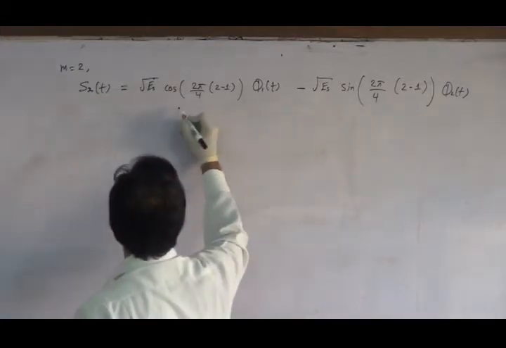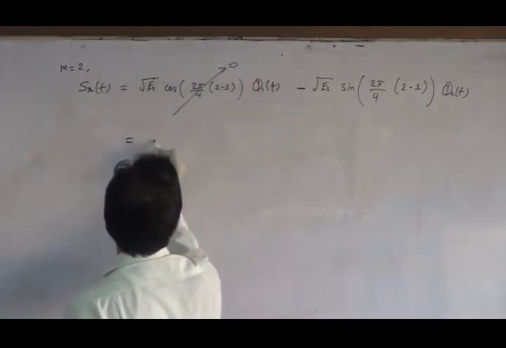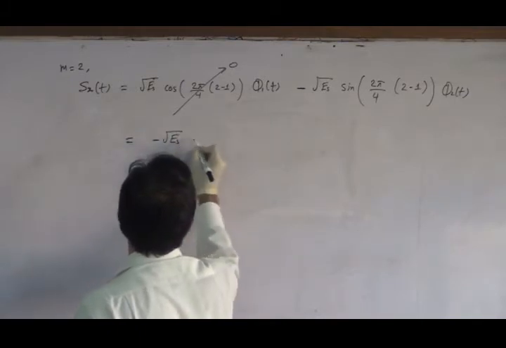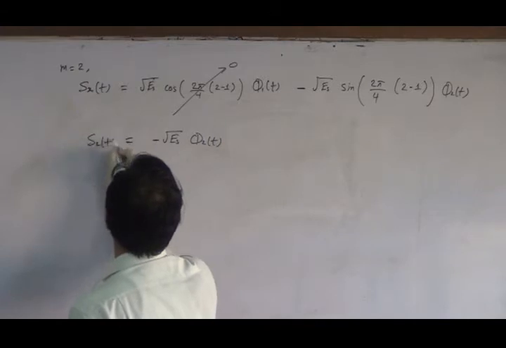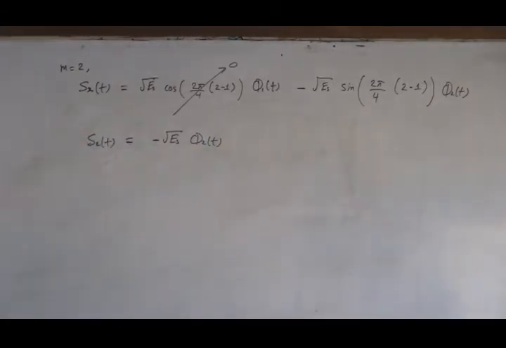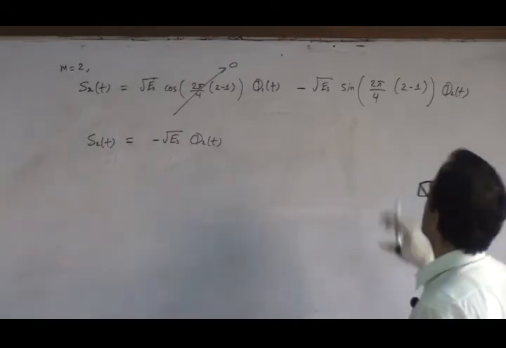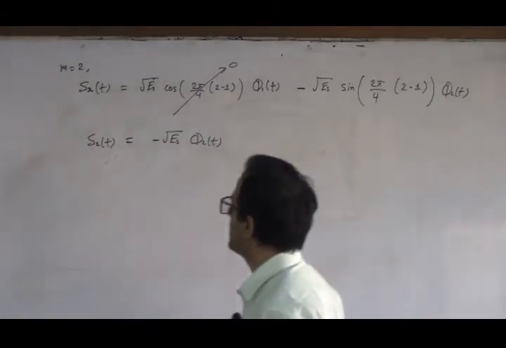So this term will give you minus under root Es phi 2 of t as a result. So S2 of t is minus under root Es phi 2 of t with the phase of 90 degree. The phase in the carrier term is 90 degree.